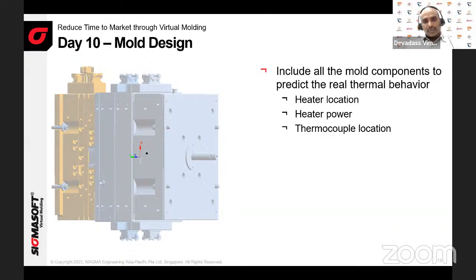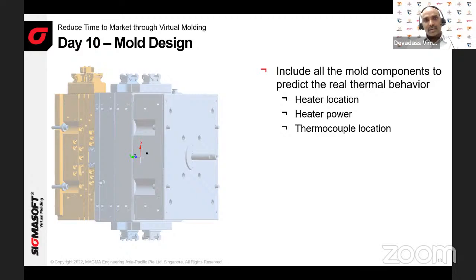But when we consider mass production for huge volume, we need to find out whether this mold is constructed in a proper manner, and whether it is suitable for a long run or not. So whether the heater's location is correct, how much energy we need to heat up this mold.